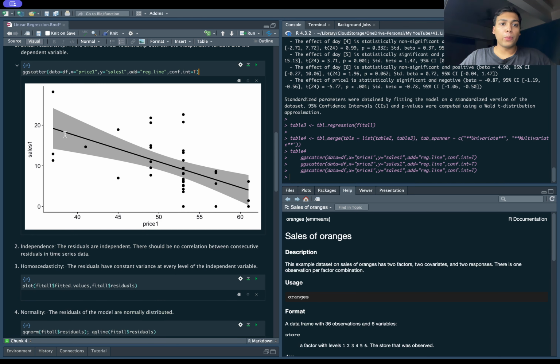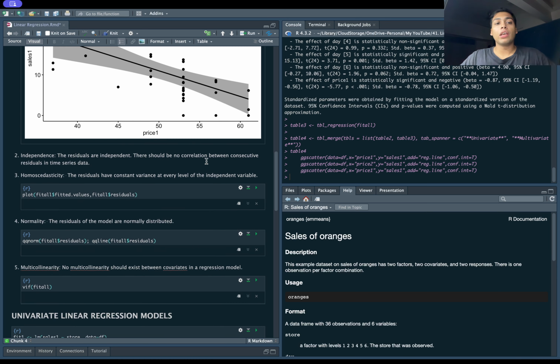Okay, so we can see that there exists a linear relationship with, you know, pretty narrow confidence interval. So yeah, this assumption I would say is met. You can see a negative regression line with confidence intervals which are not too wide. So I would say okay, this seems like a linear relationship.